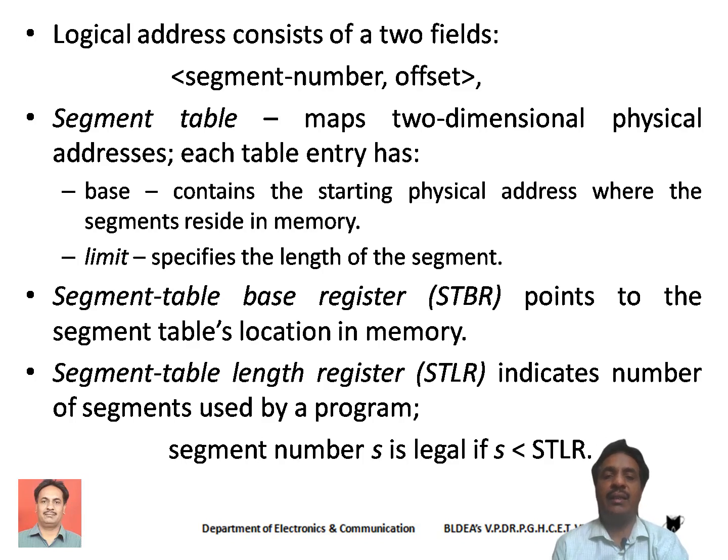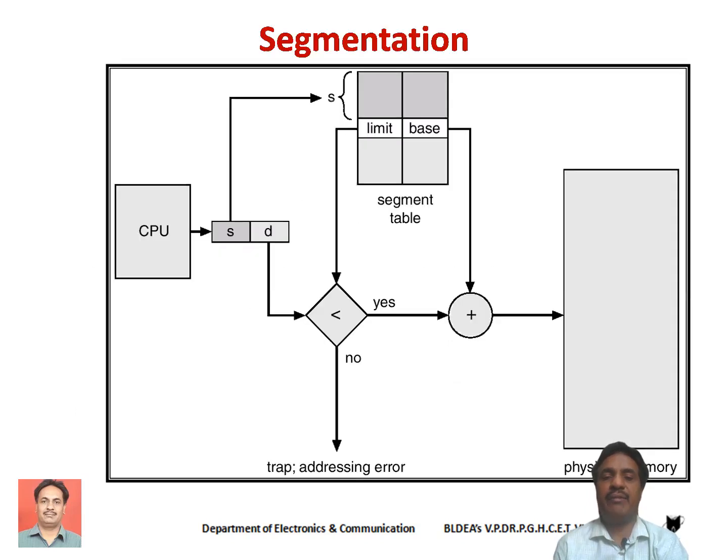When a logical address is generated, we check whether the segment number is less than the number of segments specified within that particular program. So here students can find out how the segmentation concept works.